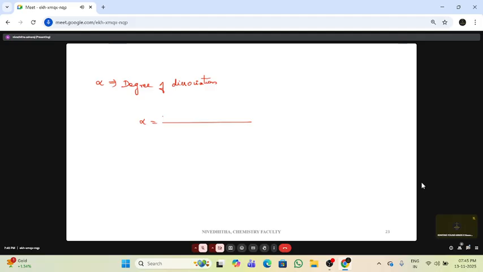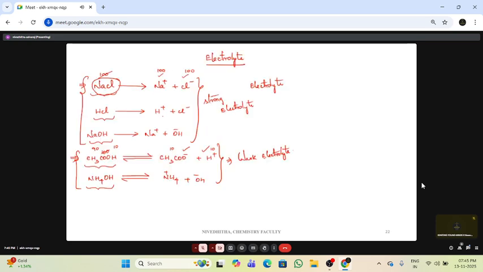What is in the numerator? Number of moles or molecules of electrolyte dissociated, divided by total number of moles or molecules of electrolyte added in the solution. That's it. So now we'll apply alpha for strong and weak electrolytes here.